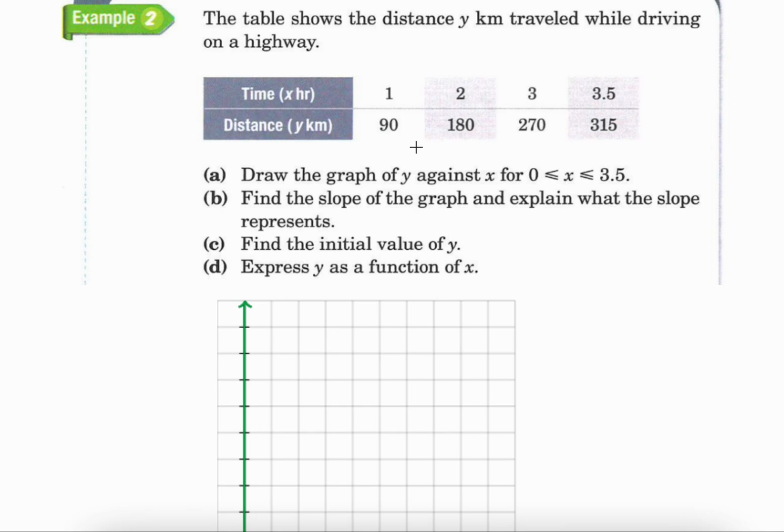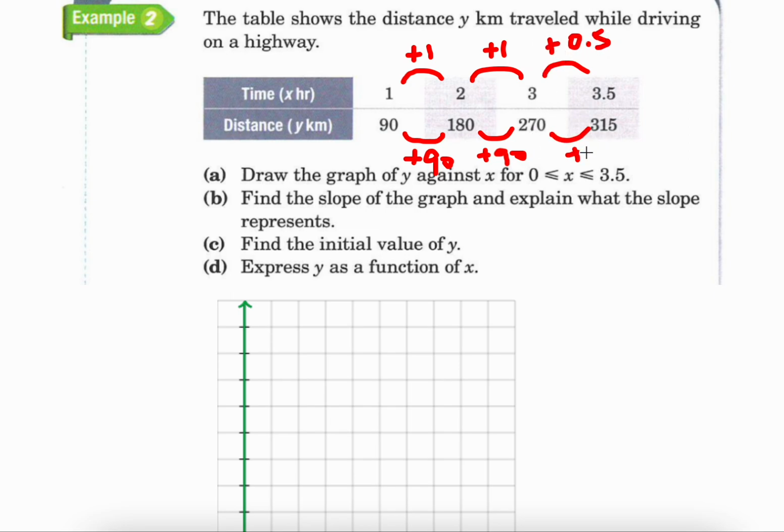This looks like a constant rate of change. It looks like you're adding 90 for each hour. Every time I add an additional hour, I am adding on 90 kilometers. So that's a constant rate of change. Now notice how from 3 to 3.5, I'm adding on a half hour.